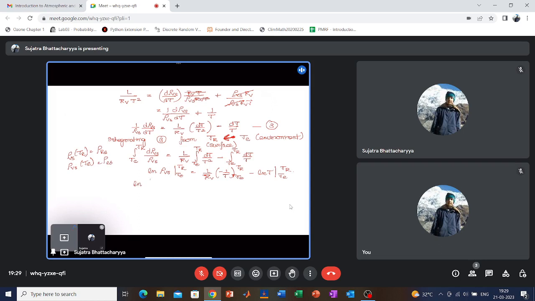So log of the saturated vapor density at the surface of the droplet, and this is the saturation vapor density at the environment, that will be equal to L by Rv, it will be 1 by Te minus 1 by Tr, because there is a minus sign, therefore they have shifted, log of Tr by Te. Simple.